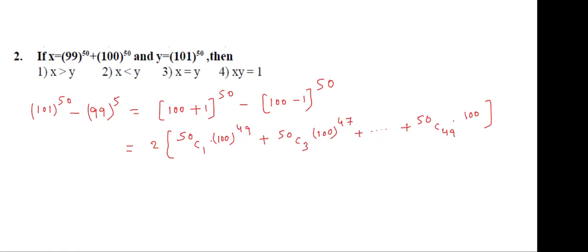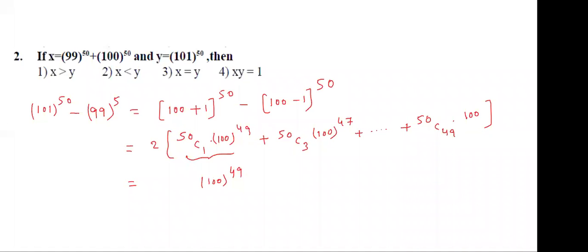Now observe the first term. 50C1 means 50, or not? 2 into 50, that is 100. 100 into 100^49.